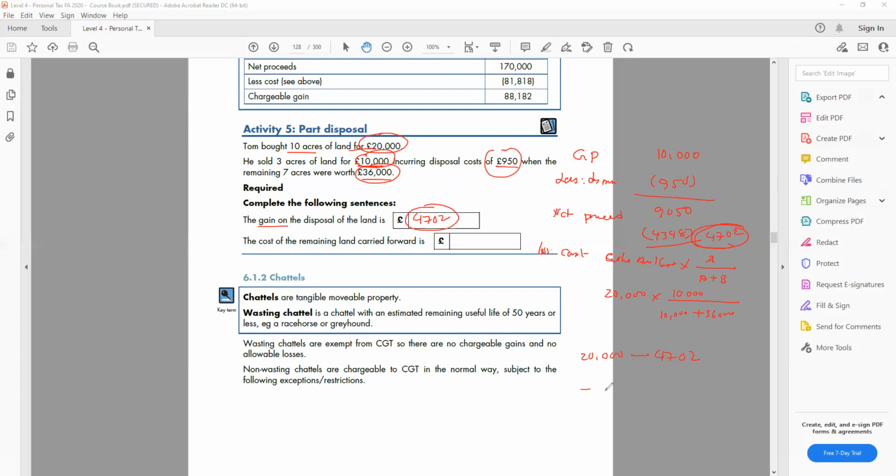And of course, the rest of the cost will be carried forward. So 20,000 minus 4,702.